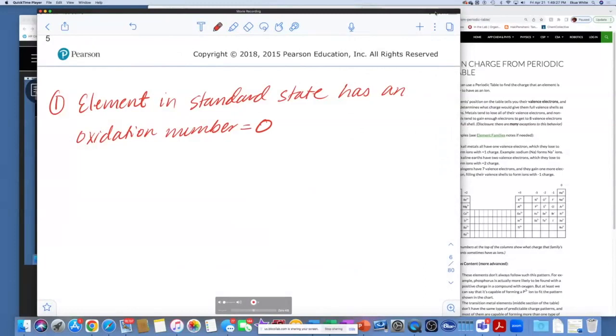I gave you guys examples earlier. So if it's magnesium by itself as a solid, this would be 0. One other way you can look at this is the overall charge of this element by itself, since there is nothing written here or here, is 0, because there's no number around there. So it's 0.